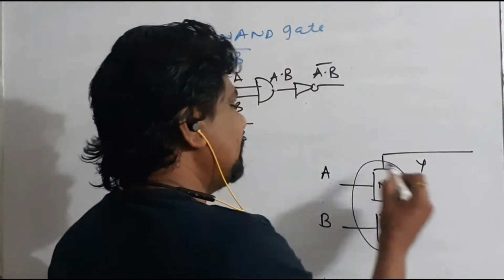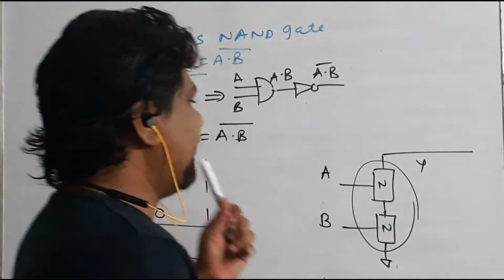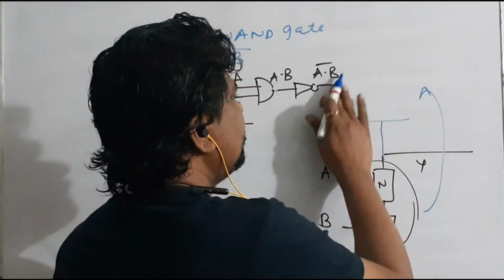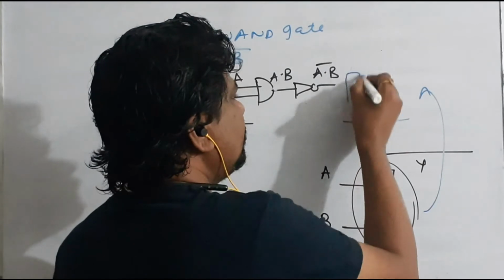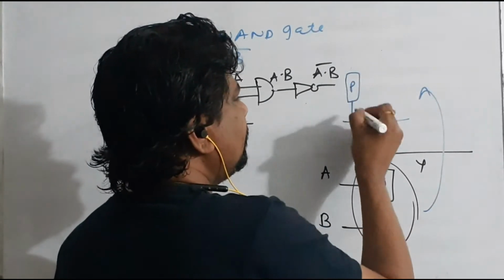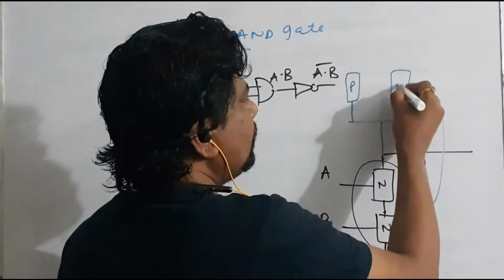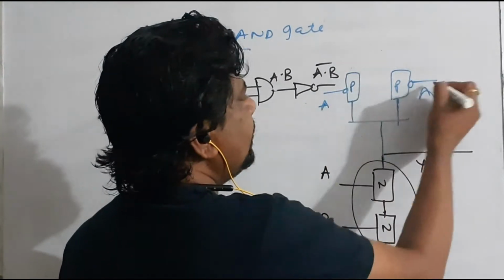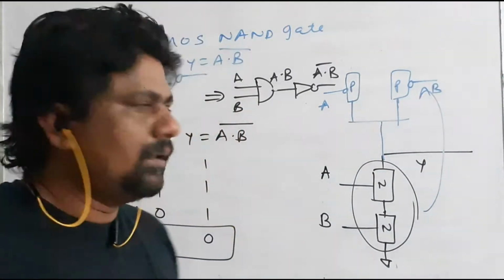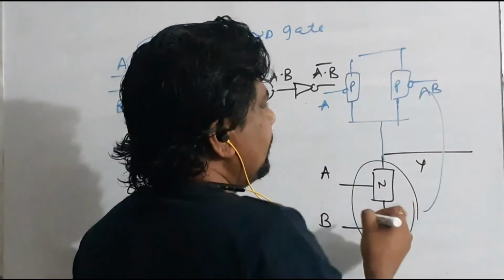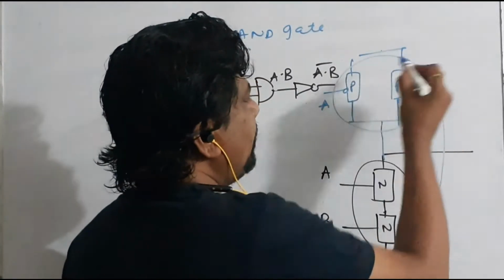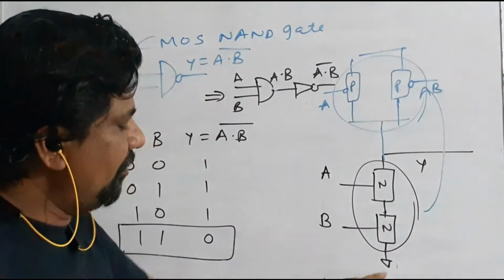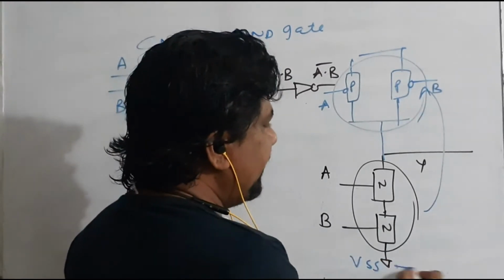NMOS series complement is nothing but parallel. So let us put parallel logic here. This is A, this is B. So this is a parallel connection. Series complement: N complement is P, series complement is parallel. VSS complement is nothing but VDD.